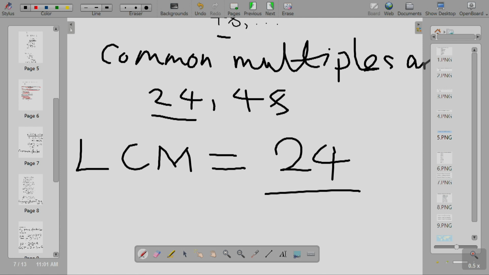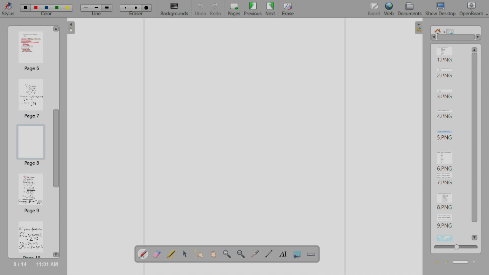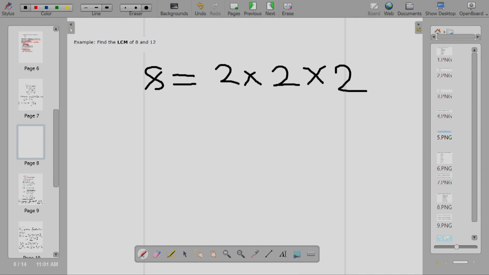Now let's do this example by using another method, prime factorization. We are required to find the LCM of 8 and 12. 8 equals 2 times 2 times 2, which is 2 to the power 3.